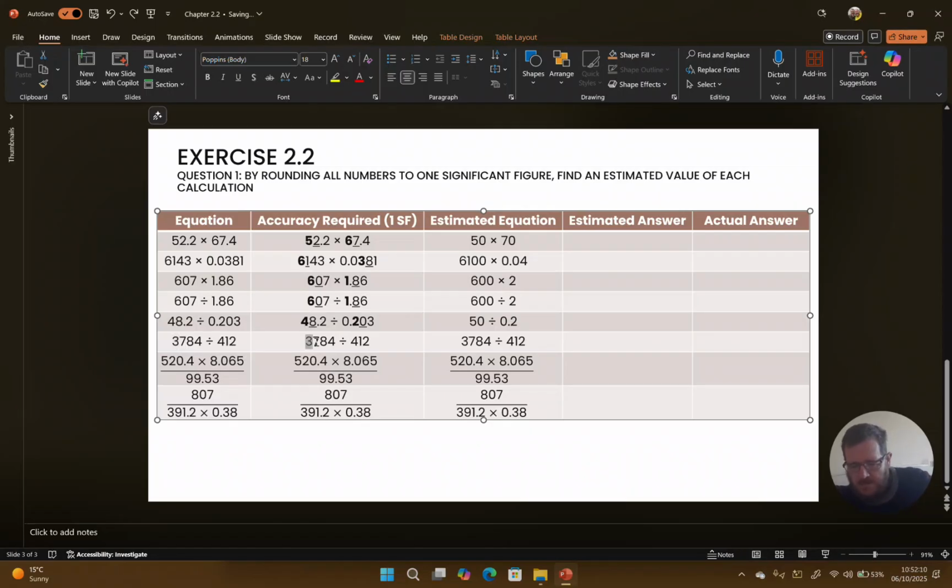Wrong column. So again, 3,784 divided by 412. We'll make that a 0, and we'll make that a 0 as well.